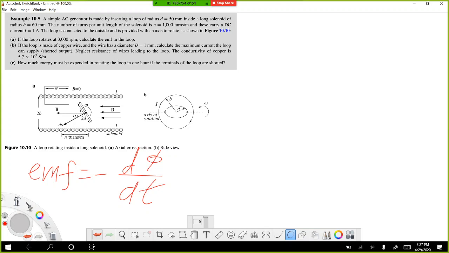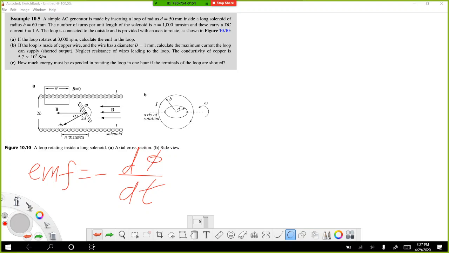First of all, the flux density inside the solenoid is constant, and it can be calculated by using Ampere's law. After we compute the flux density B, we can find the magnetic flux phi, and after that we can find the electromotive force.